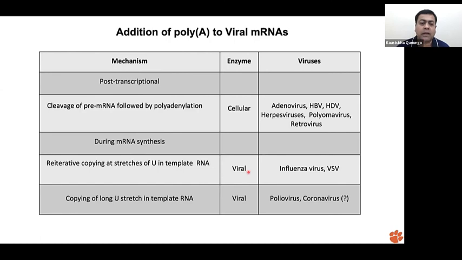One thing is the reiterative copies of stretches of U on the template RNA, and you can see here that for the influenza virus, as we have seen, and VSV, both are RNA viruses, there is a stretch of usually 7 U's, or sometimes a slightly different number depending upon the virus. And the RNA-dependent RNA polymerase stutters or slips on those U residues and pumps out these 150, 200 poly-A's after that.